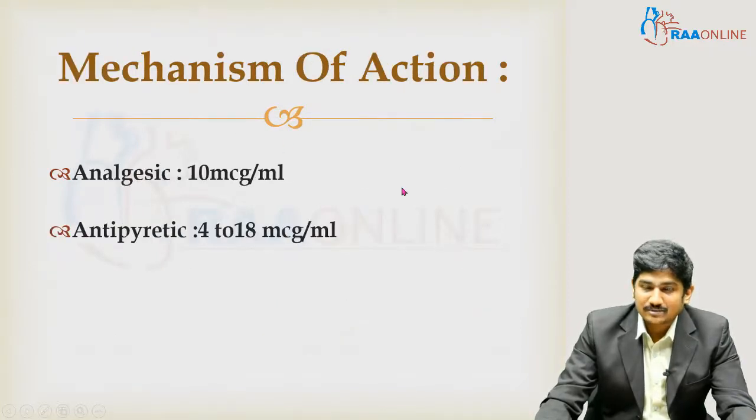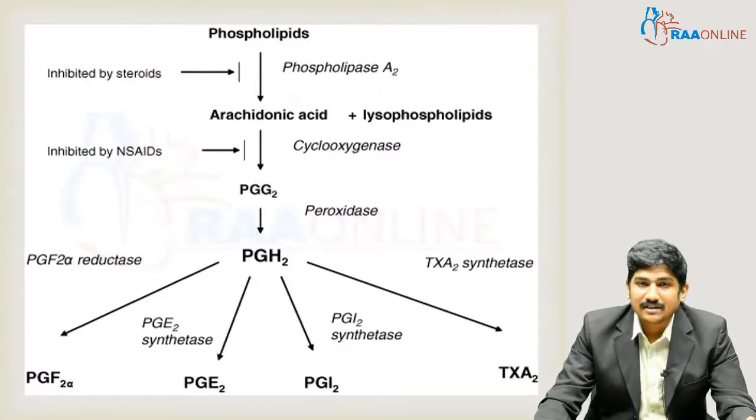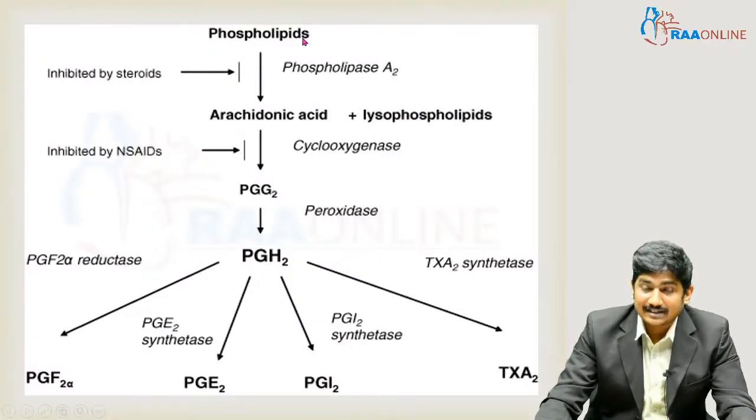Before the mechanism of action, we should be aware that the analgesic action is at around 10 micrograms per ml and the antipyretic action is around 4 to 18 micrograms per ml in the blood. So here the phospholipids in the cell wall, during times of inflammation, let out arachidonic acid. This arachidonic acid is acted upon by an enzyme called COX.